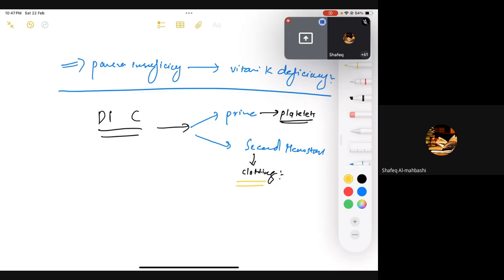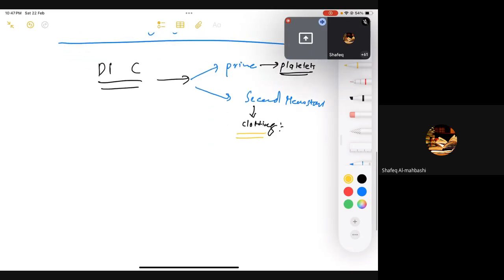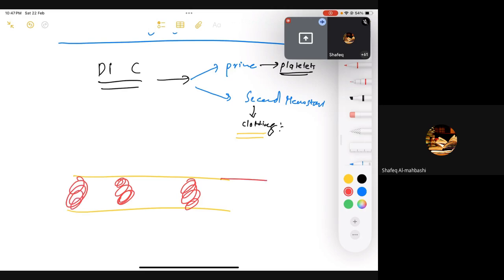As a result, can I say that we are going to see a lot of clots everywhere inside our body? And these clots would consist of both platelets and clotting factors. That's the main idea.